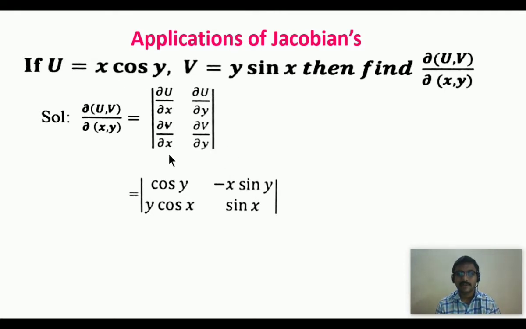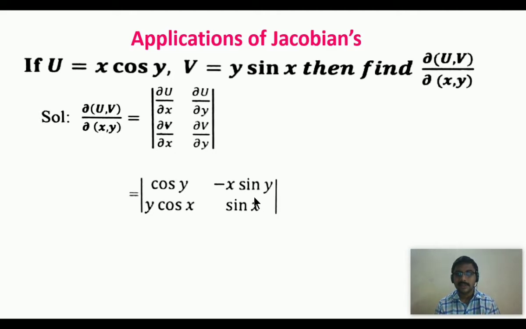∂v/∂x: differentiating v partially with respect to x, keeping y as constant. So y is kept constant, sin x derivative is cos x. ∂v/∂y: differentiating v partially with respect to y, keeping x constant, sin x is kept constant, y derivative is 1. These are the partial derivatives of u, v with respect to x and y. Now we have to compute the determinant.